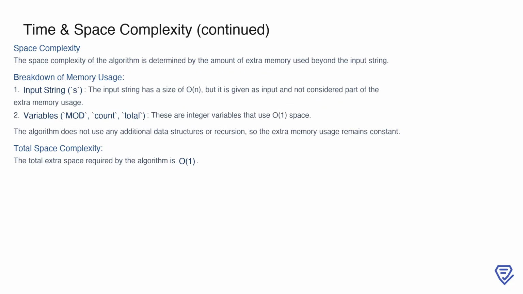Now let's analyze the space complexity of this solution. The space complexity is determined by the amount of extra memory used, excluding the input string. First, the input string s itself has a size of O(n), but since it is provided as input and not additional memory, it doesn't contribute to the extra space usage. Next, we have the variables mod, count, and total, which are simple integers.